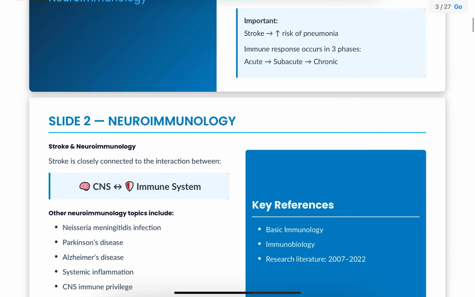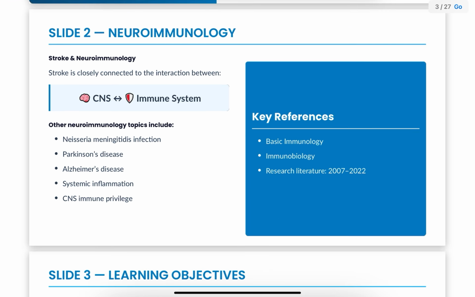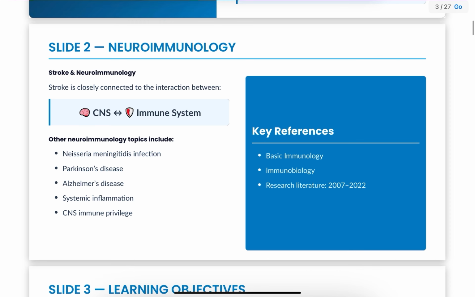So, now we have neuroimmunology. Before we can continue forward with this lecture, we need to place stroke into a bigger picture for us to understand it. We know that this topic falls under the term neuroimmunology. Which means what? We're studying the interaction between the nervous system and the immune system.